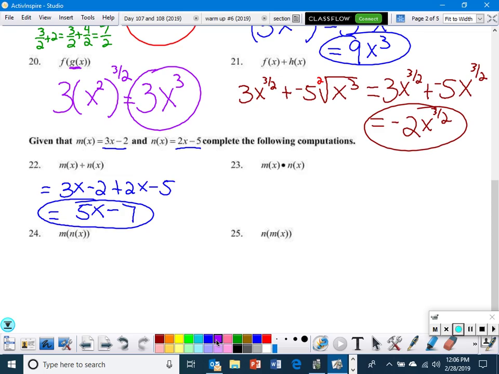Okay, the next two, it says multiply them together. Well, that looks like FOIL to me.